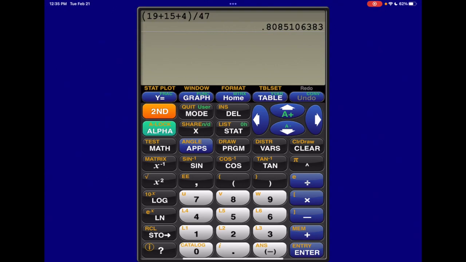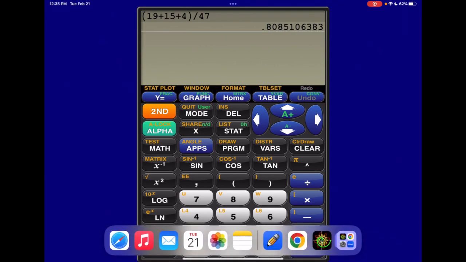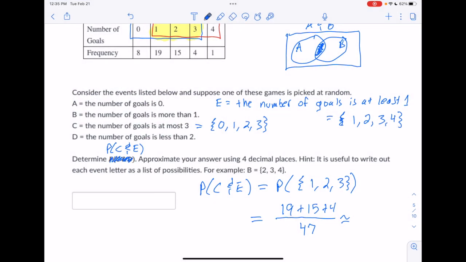So 0.8085 will be our final answer. That's our answer for that one.